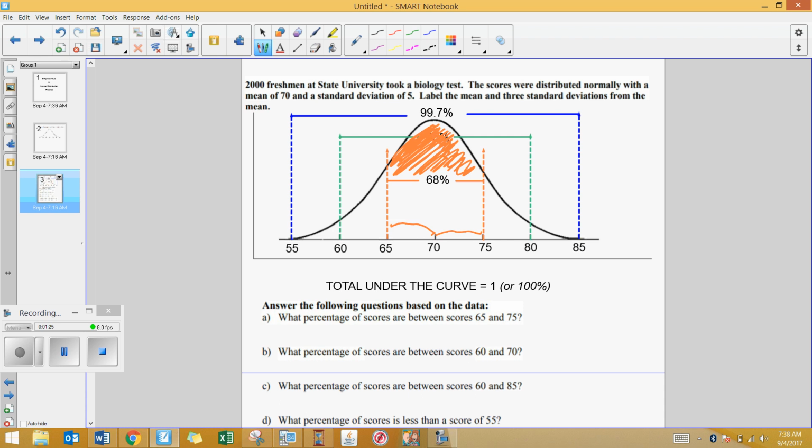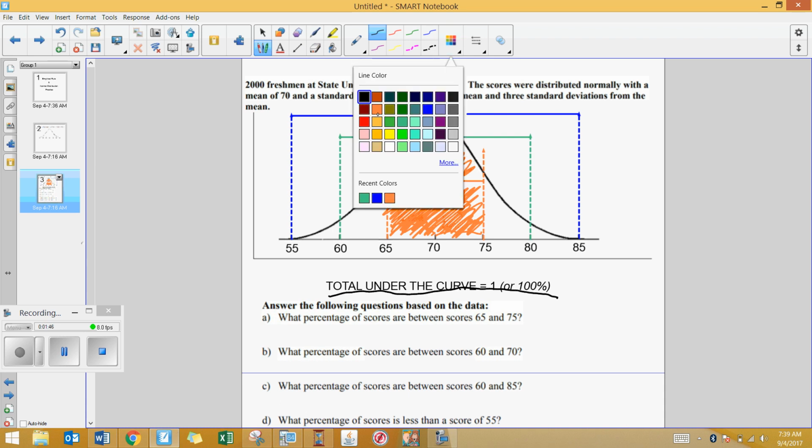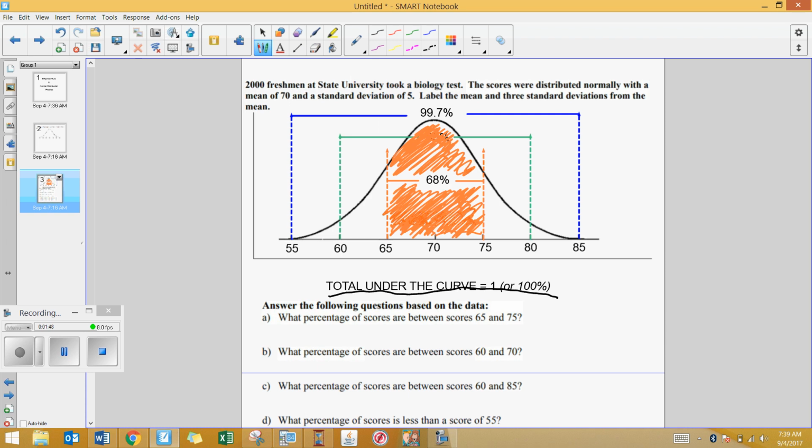So this curve adds up to 100%, and you see that down here at the bottom. I'm going to reference that a couple times, that the total area under the curve is 1 or 100%. But this middle orange piece, again one standard deviation in both directions, represents 68% of all outcomes.